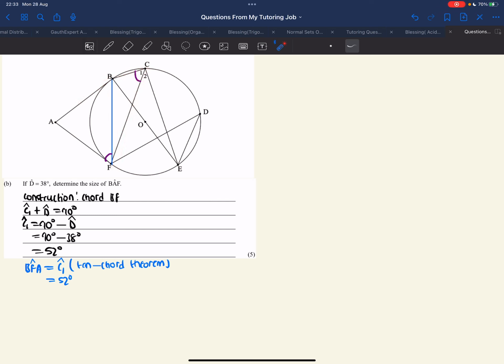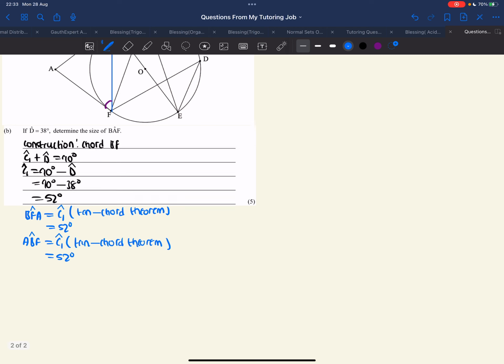So that is also going to be equal to C1. So we're also going to say that angle ABF equals angle C1, and the reason for that is also the tan chord theorem. That means that angle ABF will be 52 degrees.